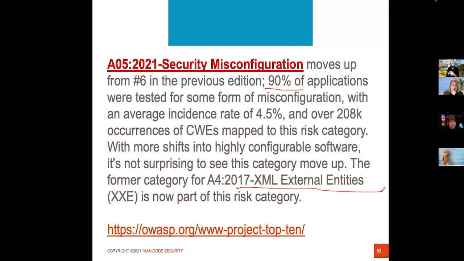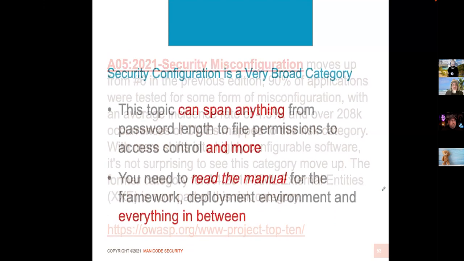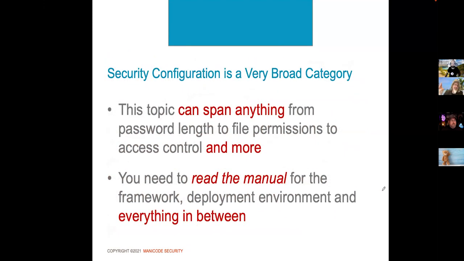Because all these XXE problems are because of your misconfigured XML parser. A lot of the frameworks configure it properly by default, or you can configure it yourself, but it's been merged in this category. Now, security misconfiguration, I kind of don't like it. I mean, it's important, but it's kind of a broad category. It can span anything from the password length to the file permission to access control and more.